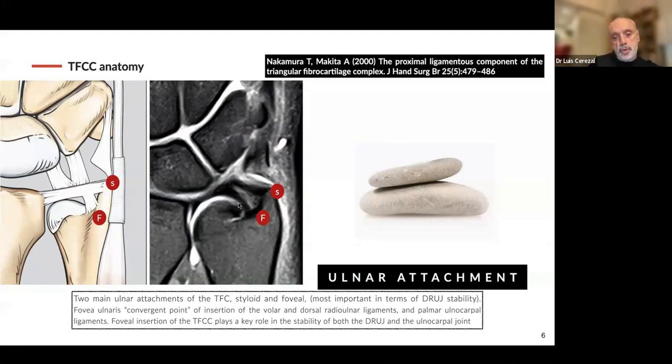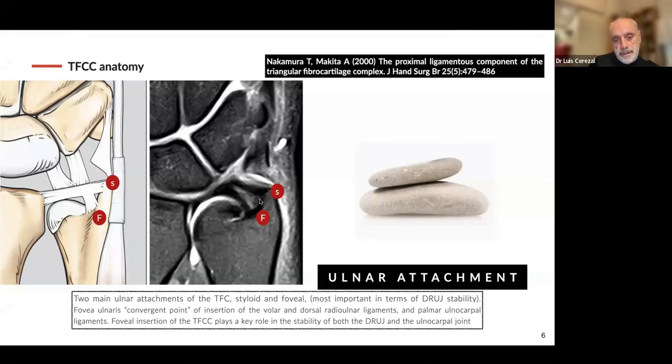This is the most important in terms of stability because it's the convergent point of insertion of the distal radioulnar ligaments and ulnocarpal ligaments. The stabilization of the distal radioulnar joint and ulnocarpal joint is very important, and so is the ulnar insertion.